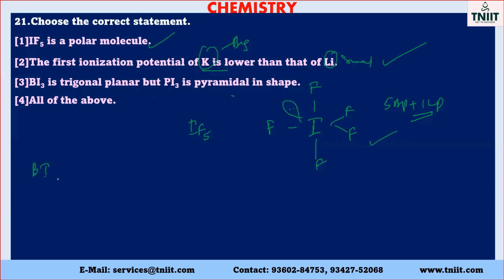BI3 has only 3 bonded pairs of electrons, but PI3 has 3 bonded pairs plus 1 lone pair of electrons. Therefore, this is trigonal planar and this is pyramidal. So all the 3 answers are right. Hence, the correct option is all the above.